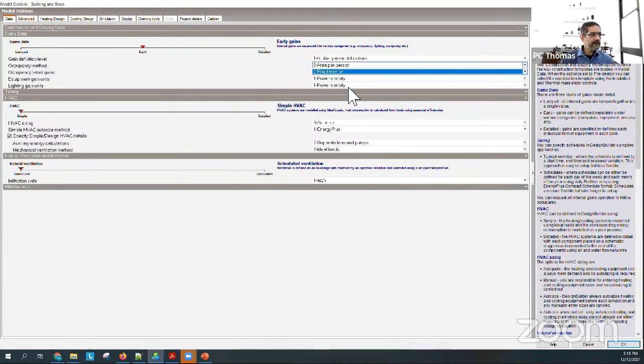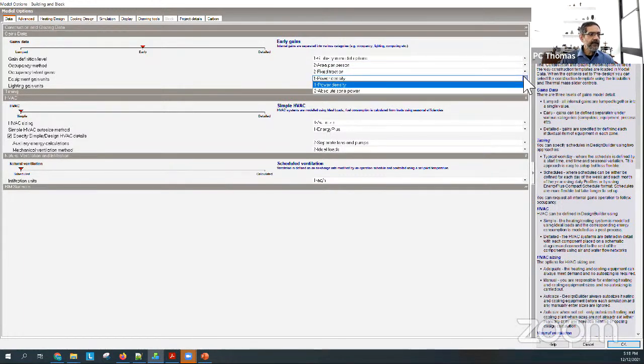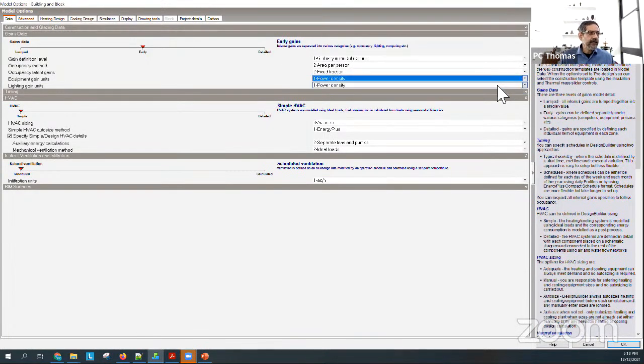The other thing, two things you want to think about is, how do you want to show equipment gains? Do you want to show the absolute power in watts? So you can say, in this zone, we've got 1,000 watts of equipment or something, or you can give it as power density. And the same for lighting.